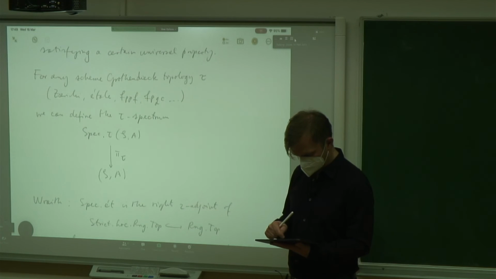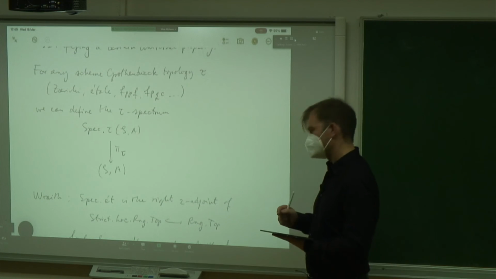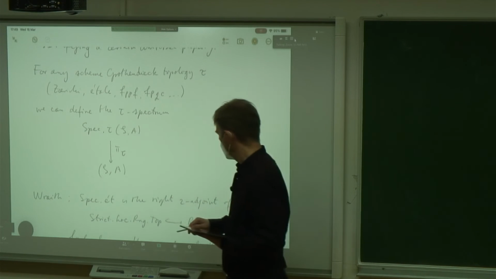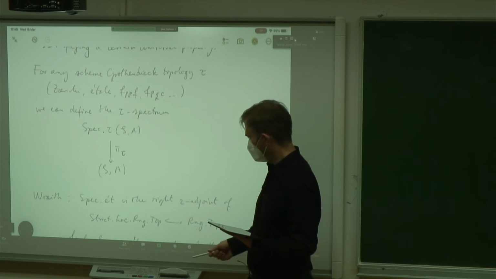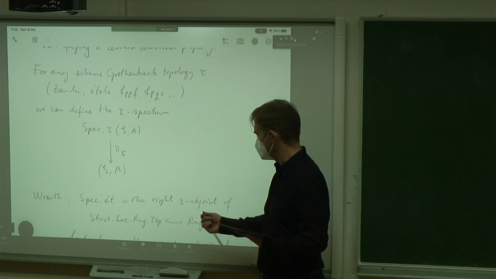Now, Gavin Wraith showed that the Spec tau is the right 2-adjoint of the inclusion of strictly locally ringed toposes into ringed toposes.